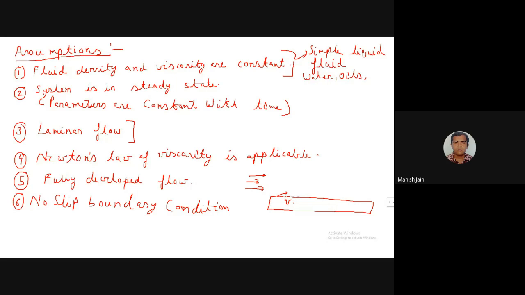The third condition is laminar flow, because in turbulent flow all parameters depend upon time, and at the micro level you have fluctuations in the flow at the local level. That is very difficult to solve, so we assume laminar flow. In this subject, we will only solve problems related to laminar flow, not turbulent flow.